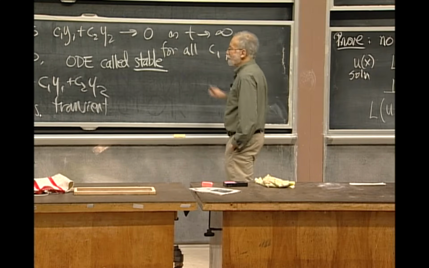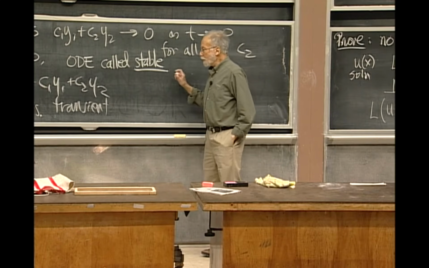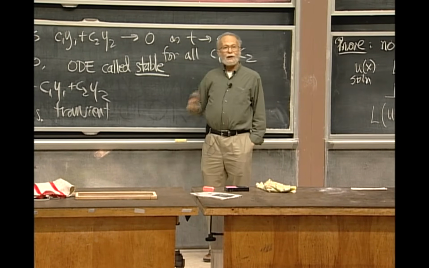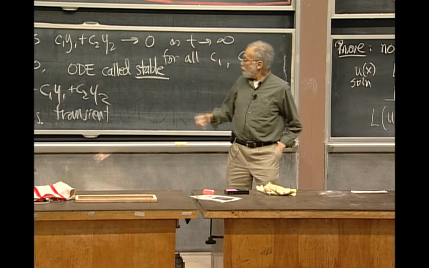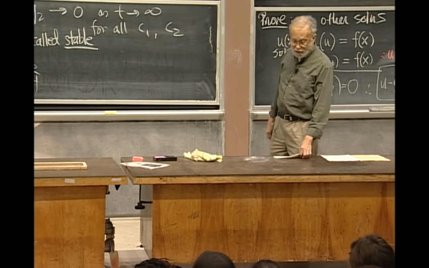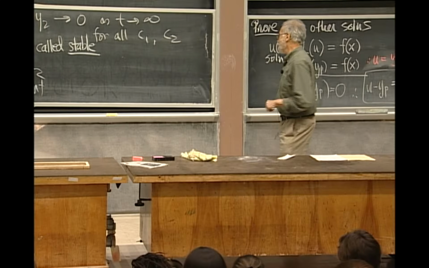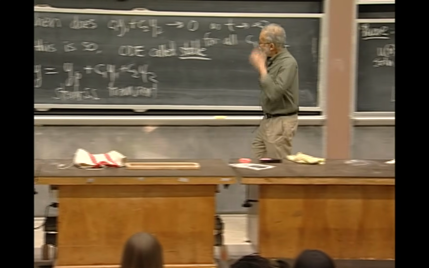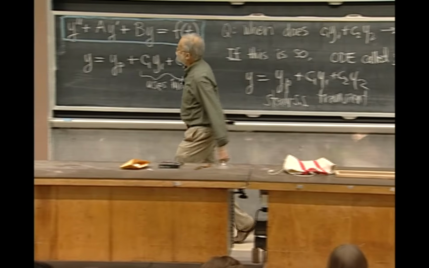So let's do the work. For the rest of the period, what I'd like to do is to find out what the conditions are which make this true. Those were the equations which we'll have a right to call stable. So when does this happen? And where is it going to happen? I don't know. I guess here.